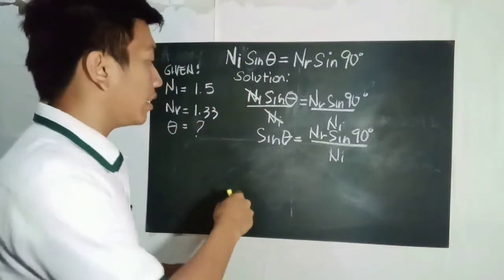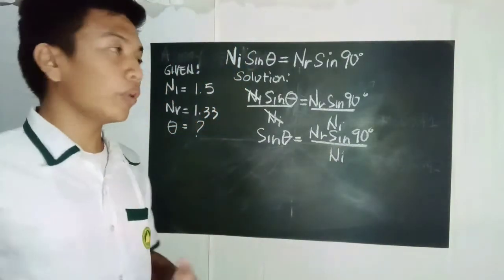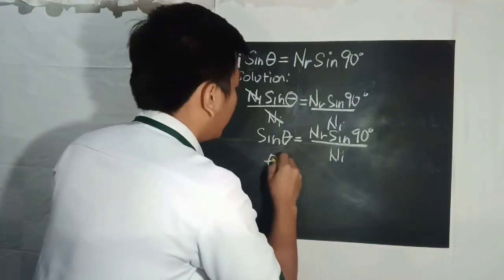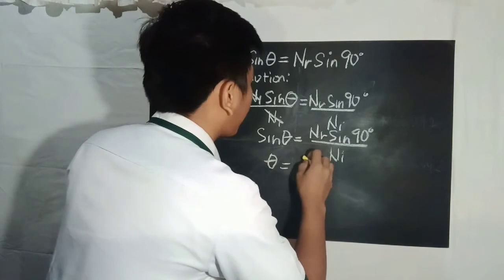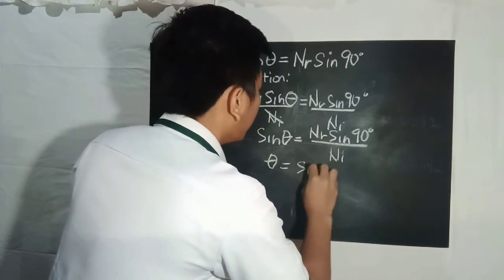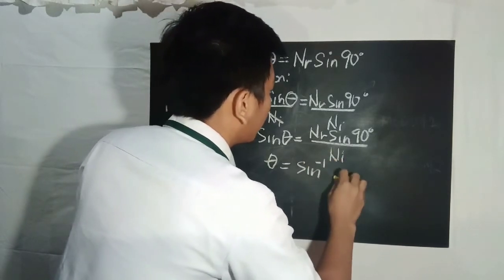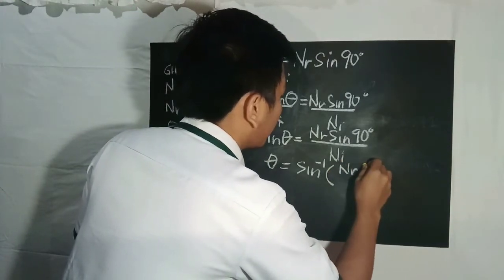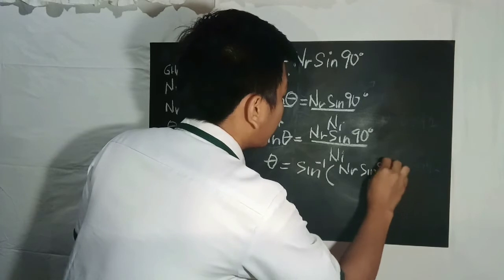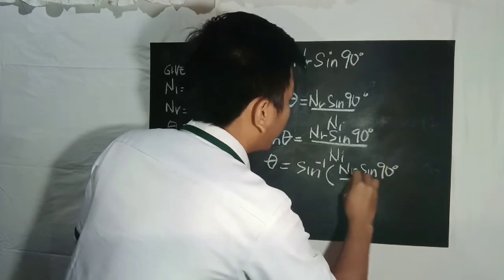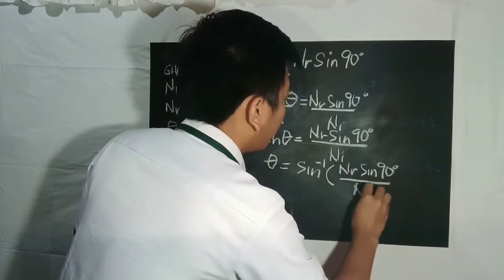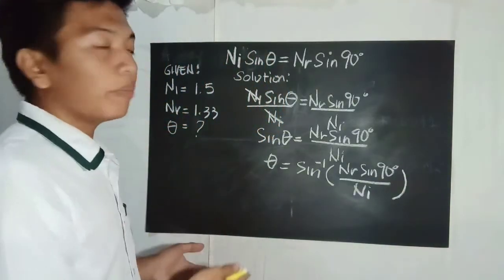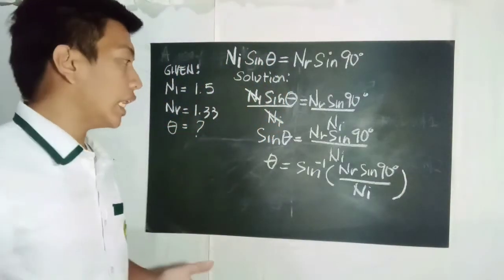To omit the sine on this side, we are going to inverse it, and the formula will now be theta is equal to sine raised to negative 1 times index of refraction times sine 90 degrees over index of incidence. So this is now the formula to find the critical angle.